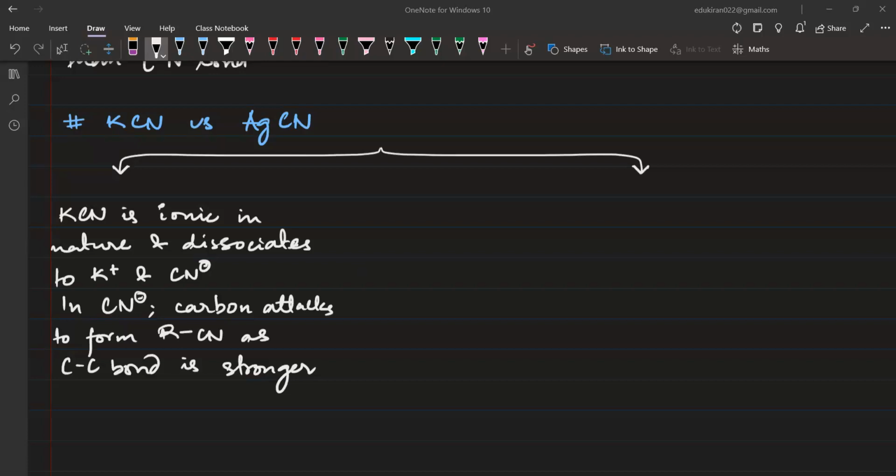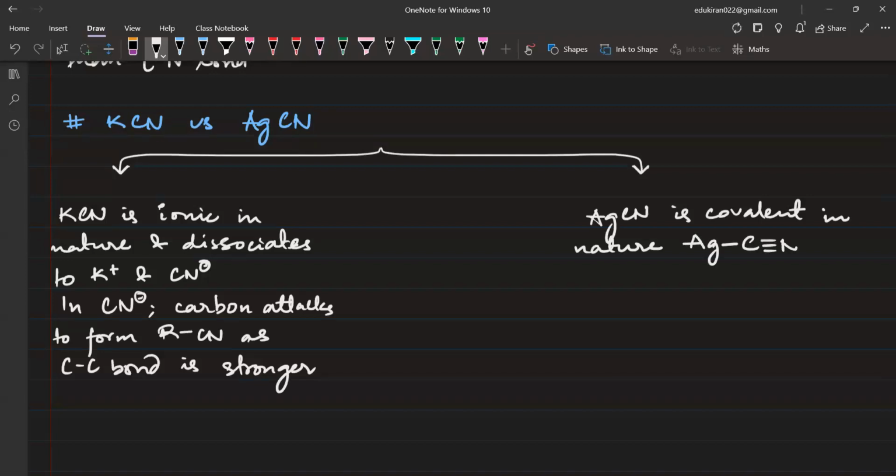ठीक है. Next, what happens in AgCN? So actually AgCN is covalent in nature. So you have a structure like this, Ag that is bonded to carbon, which is triply bonded to nitrogen atom.